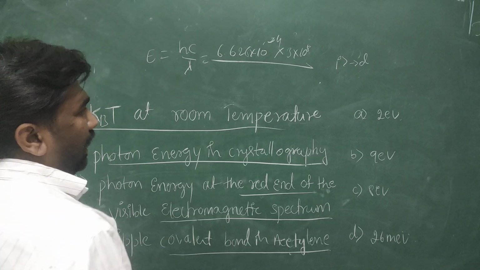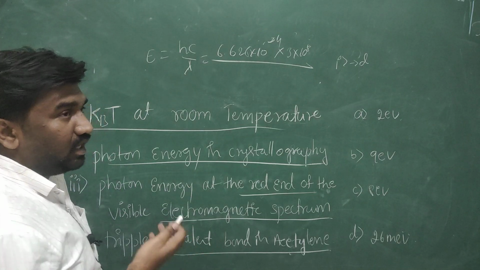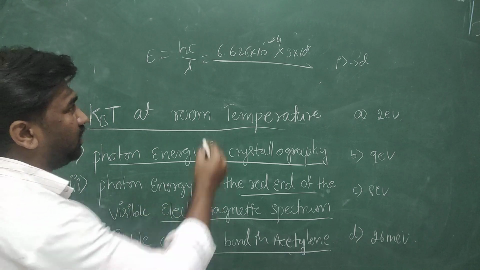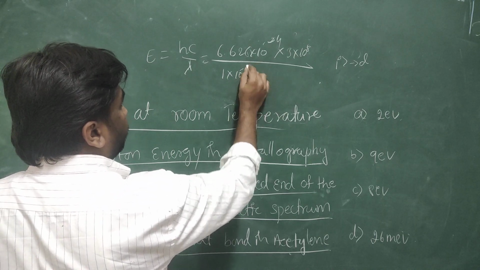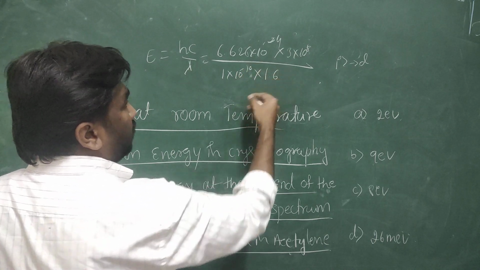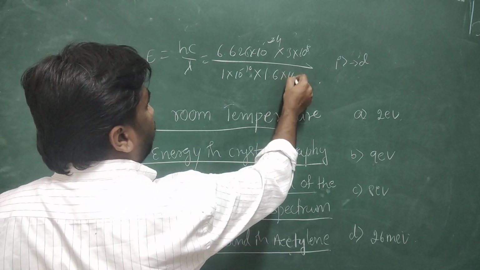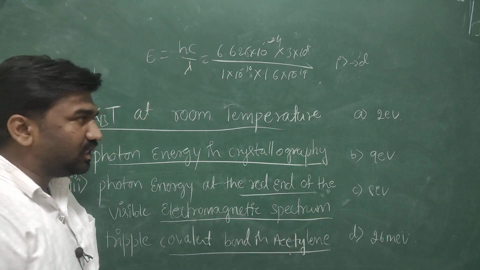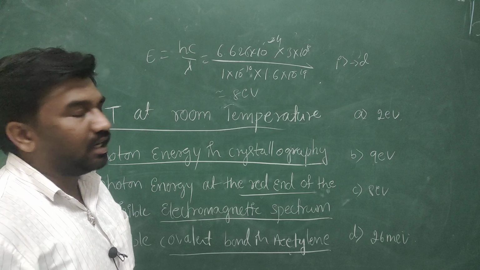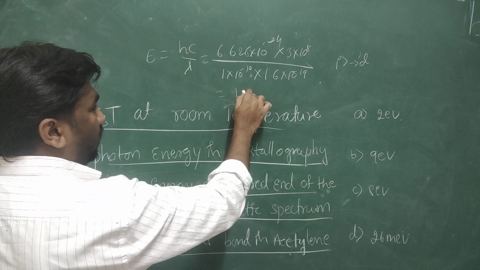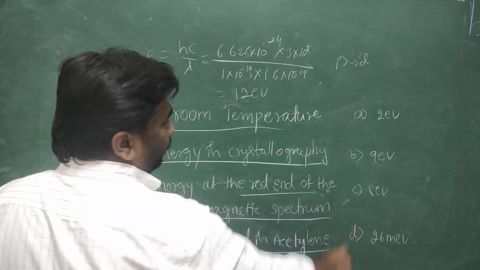If no specific value is mentioned for lambda, you can take it as 1 Armstrong, 10 to the power of minus 10. We express this in electron volt, so we divide by 1.6 into 10 to the power of minus 19. If we solve this, we will get approximately 8 electron volt, and that is more than 8. So 11 to 12 electron volt, that is very near to C.